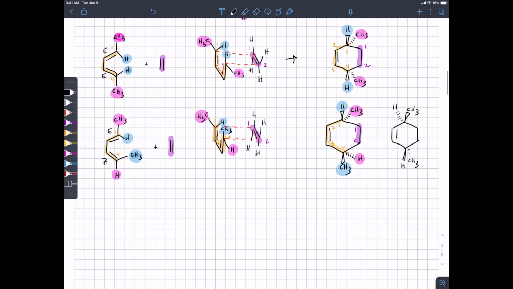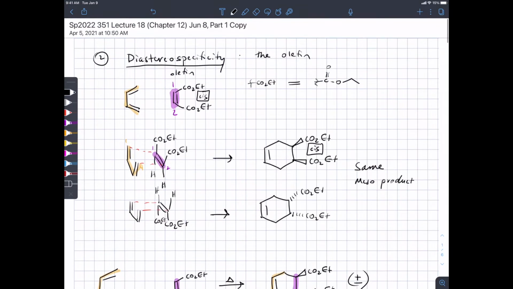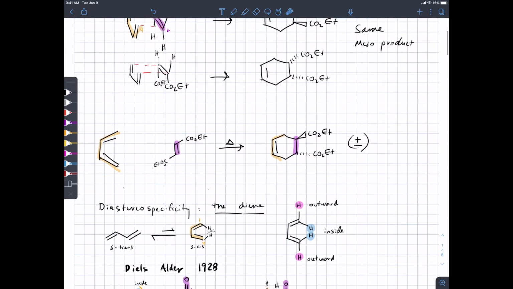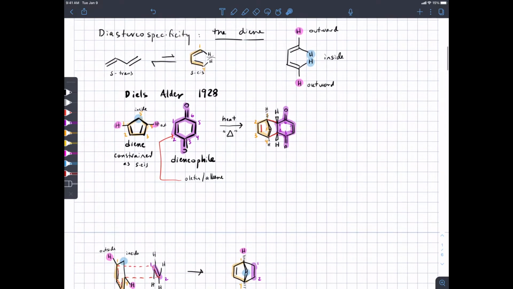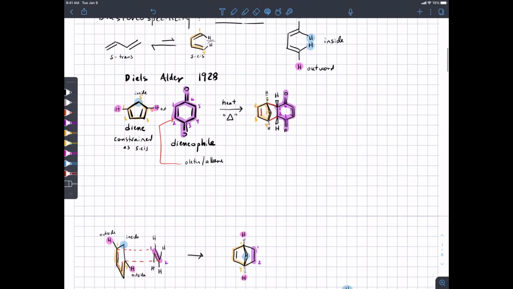All right. Now, up until now, we have kept our examples deliberately simple. So far, I have not shown you in detail a reaction in which both the olefin and the diene had substituents. But it turns out that that is exactly the case for the original Diels-Alder reaction.